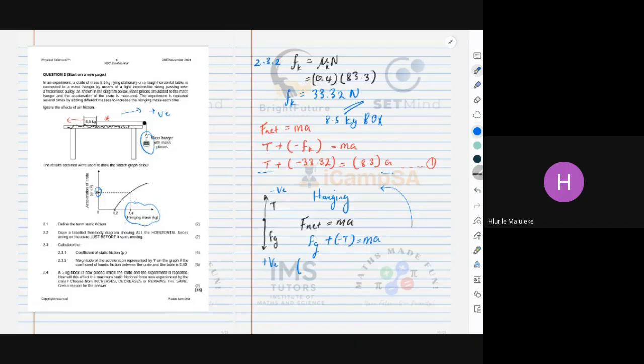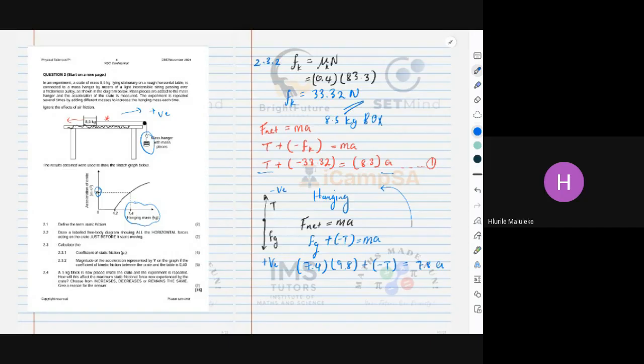So here, the mass, we know it is 7.4 times 9.8, right? Plus minus T equals to, the mass again is 7.8 times a, right? So let's punch in the calculator and see.